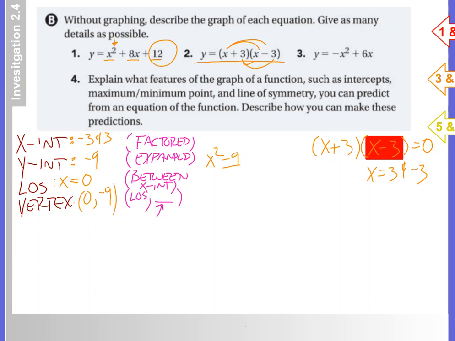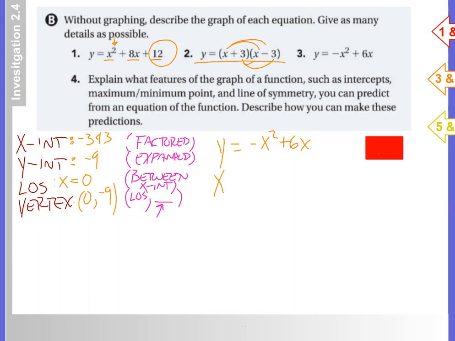All right, problem number 3 is really similar to problem number 1 that we did in class. We have y is equal to -x squared plus 6x. So the question is, what times what? Oh, wait a second. x goes into both of these terms, doesn't it? We have a greatest common monomial.